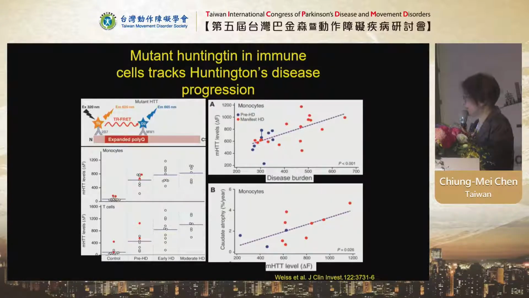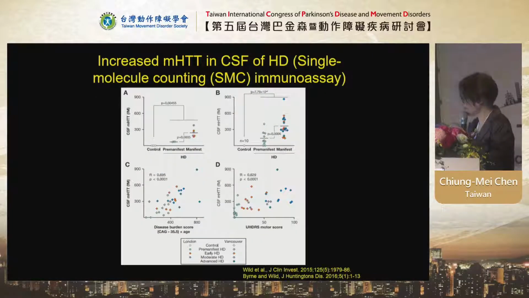And the mutant huntingtin level in monocyte also correlated with caudate atrophy. And then Wild group, they use single molecule count immunoassay to detect CSF mutant huntingtin.